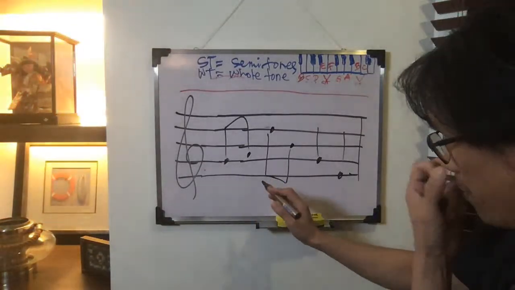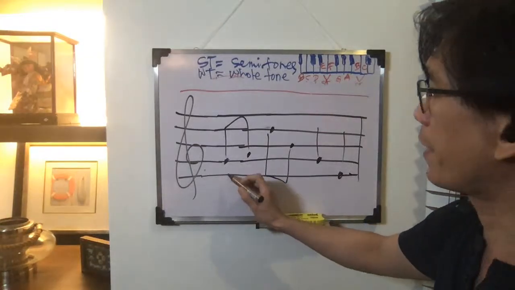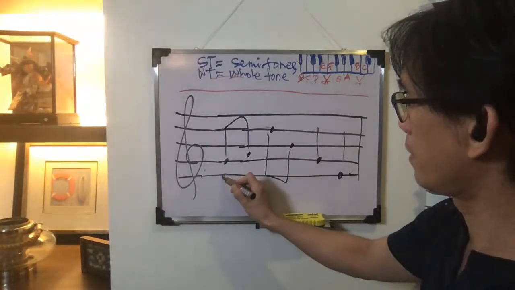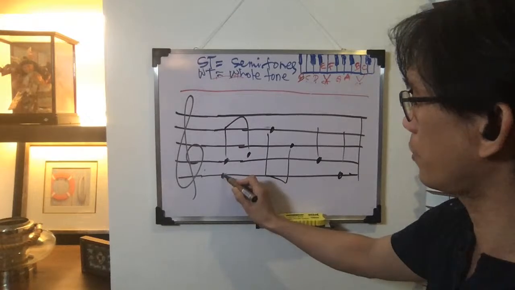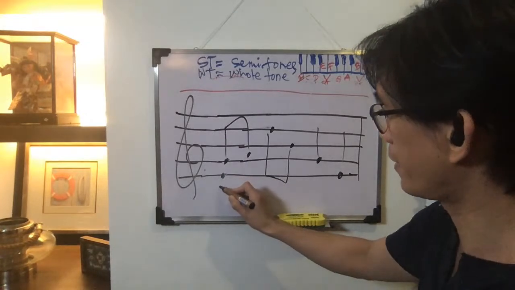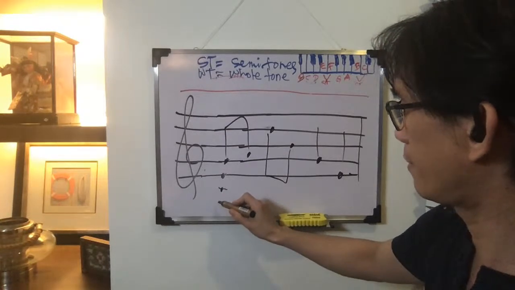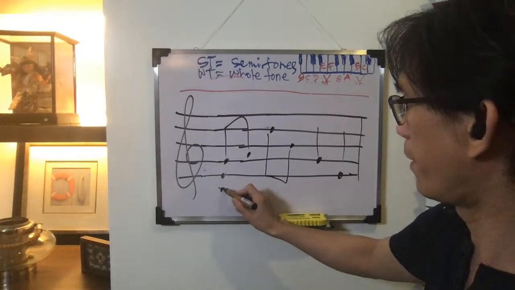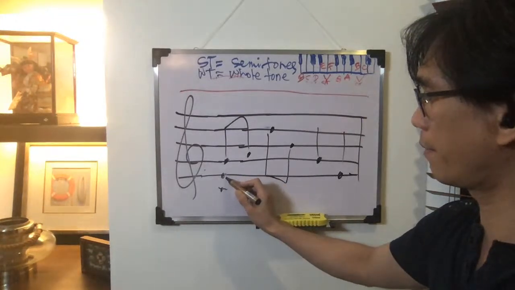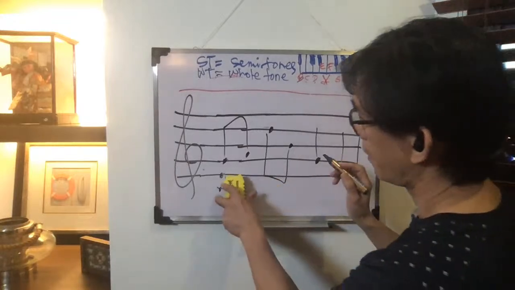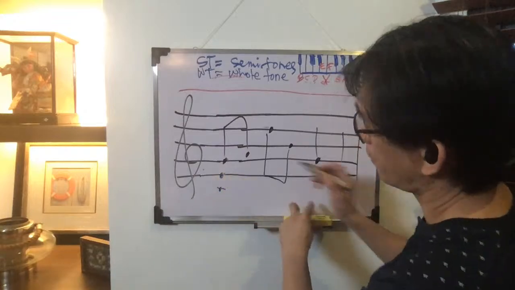So for this one, perhaps this one is in C major. So you can add different voices. So maybe you would want your alto to be E, and then your tenor C, or this could be the bass also, and this could be the tenor.